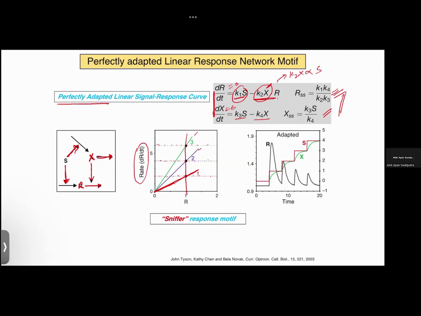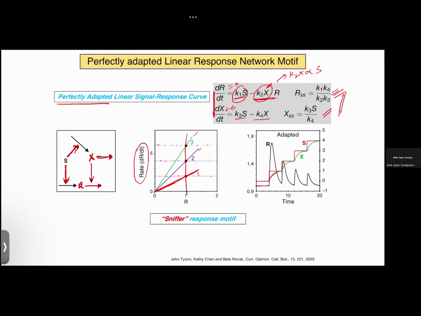If you want to look at the dynamic picture, the temporal dynamics, if you plot the X concentration, R concentration, or the signal strength with respect to time, see, if you put the signal in terms of pulses, once you put in S, you will see an initial spike in R because S is producing it. However, during that time, X is also increasing. Follow the green.